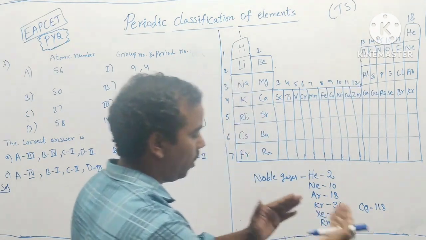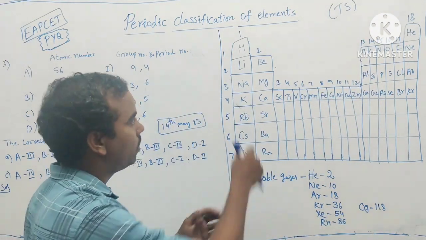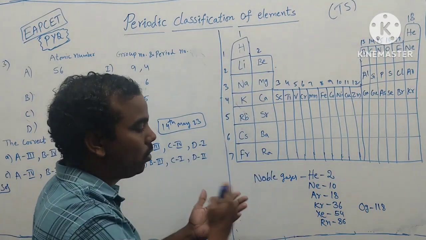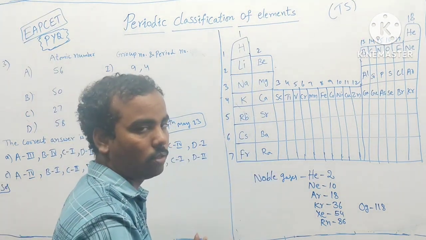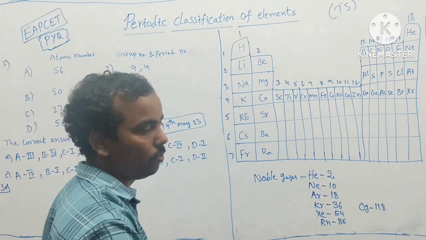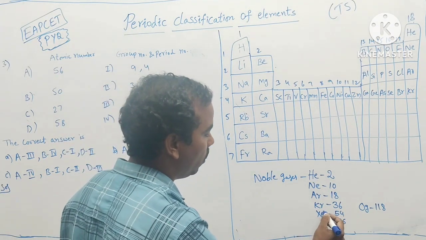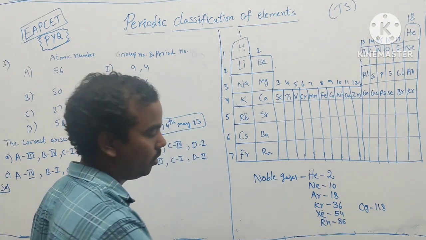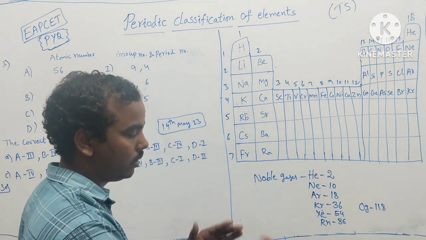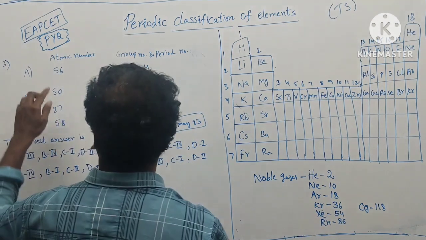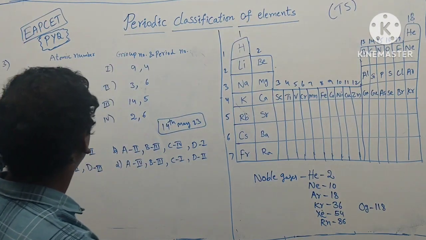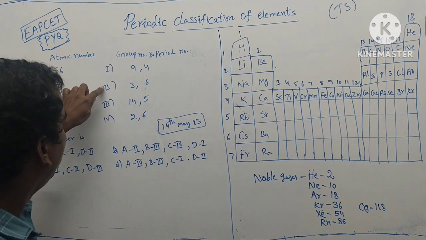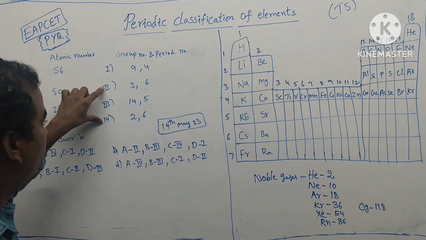After 54, the next elements 55 and 56 are S block elements, group 1A and group 2A. Xenon is in the 5th period, and the next elements are in the 6th period. So 56 is in the 6th period, which means either the second or fourth option.